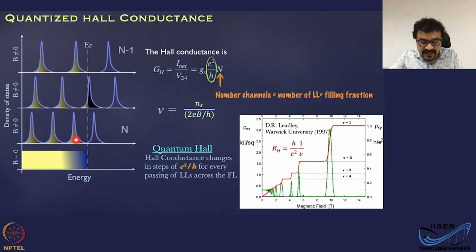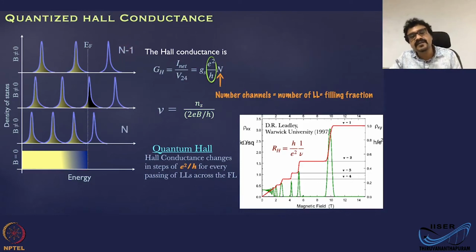So I have 3 Landau levels below the Fermi level here, and here 2 Landau levels below the Fermi level. So the action of going from this field to this field is you are reducing the number of Landau levels below the Fermi level by 1.